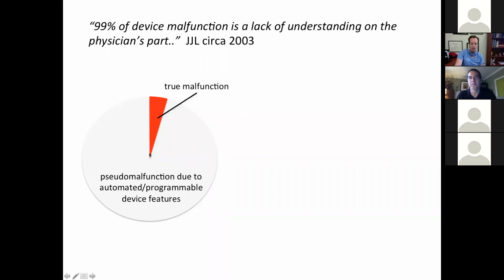This pie chart represents the consults for device malfunction. Most of them represent a nuisance and a consumption of your time, but the real issue that affects patients and will really matter is the true troubleshooting issues and true malfunction.